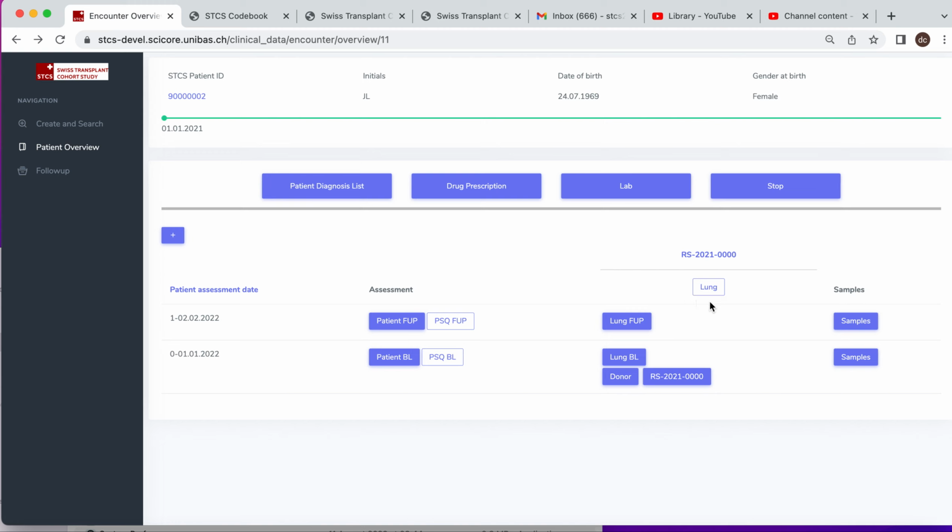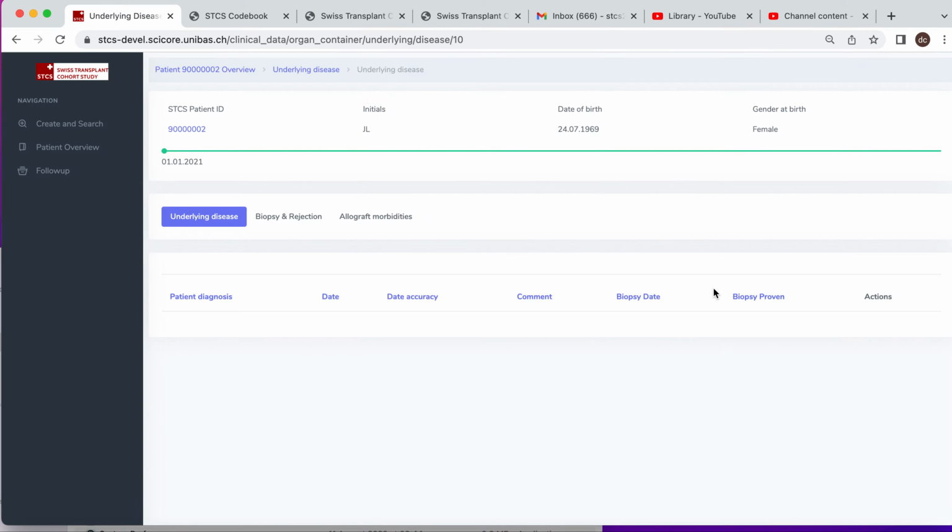Then we have events and diseases that are collected at the organ level because they are specific for that organ.